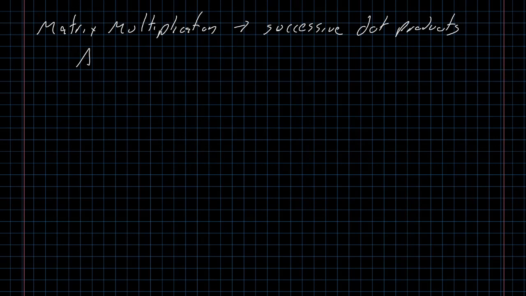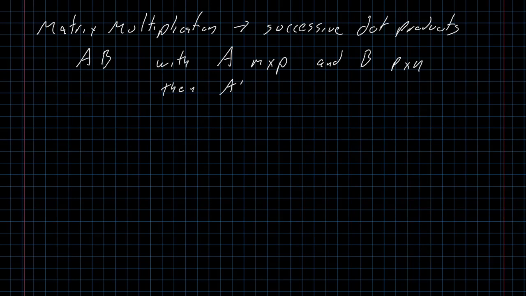So if I want to multiply matrix A times matrix B, we need to have matrix A an M by P matrix and matrix B as a P by N matrix, and then AB is going to come out M by N. All right.